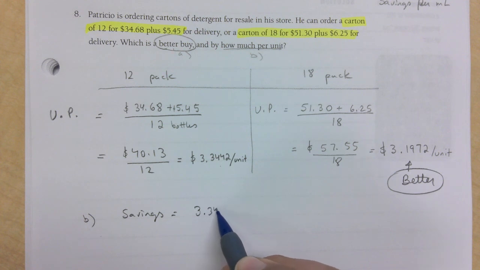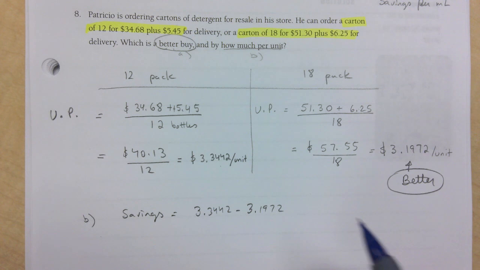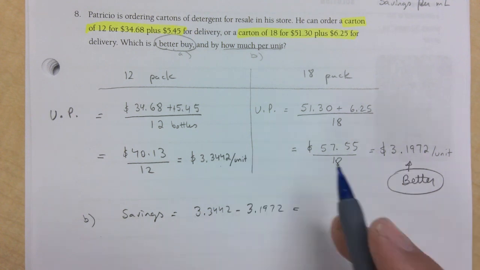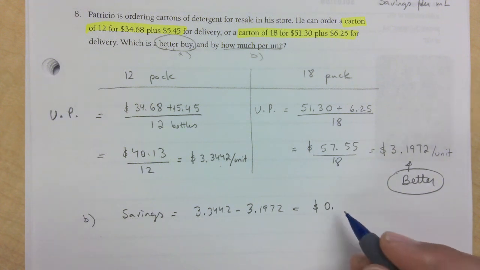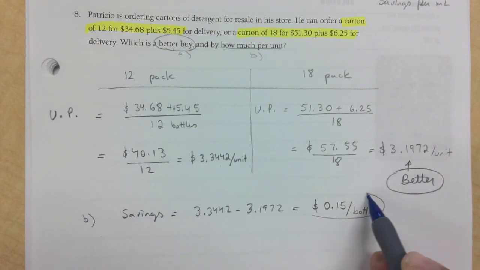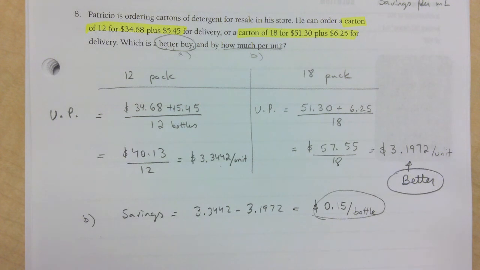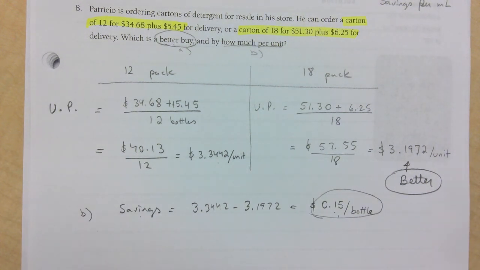It's 3.3442 minus 3.1972. We subtract them essentially. And if you round it, you would save this much per bottle. So you did say what this is. It's the savings, and you save. So going with this is better, and you'd save 15 cents per bottle approximately.